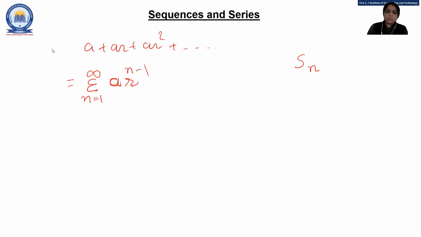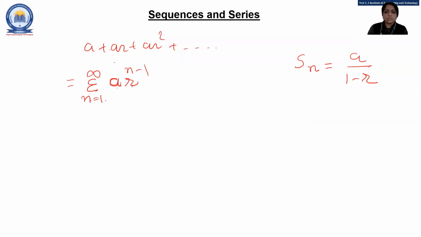This is the series form, and these are also geometric series, but in the summation form. And if our geometric series is convergent, then the sum is a upon 1 minus r.